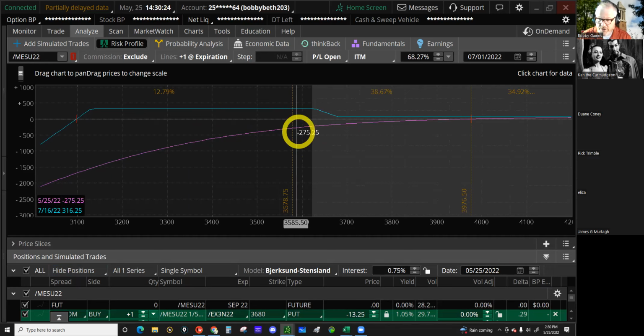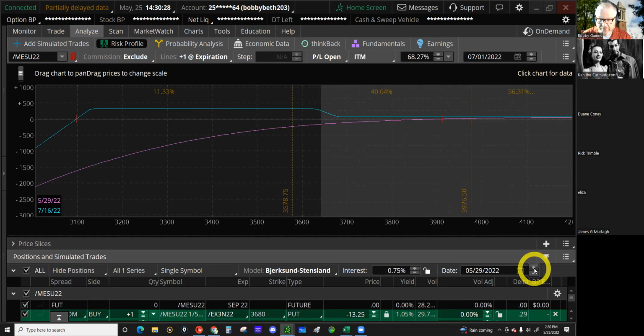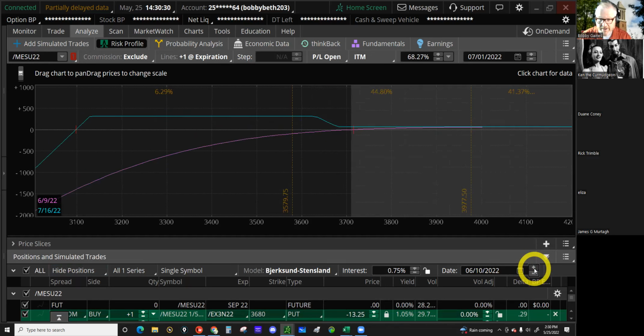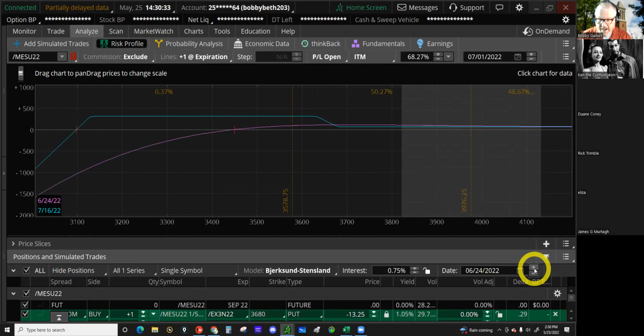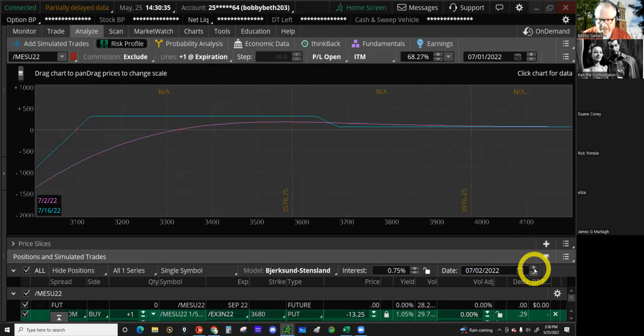Watch. I want you to watch it go up as I move the date. You see each day, that thing just rises up. And gives us this nice, beautiful little hedge to the downside. So then, if you go down 5% in a day, on July the 6th, you're up $211. See how beautiful that is?